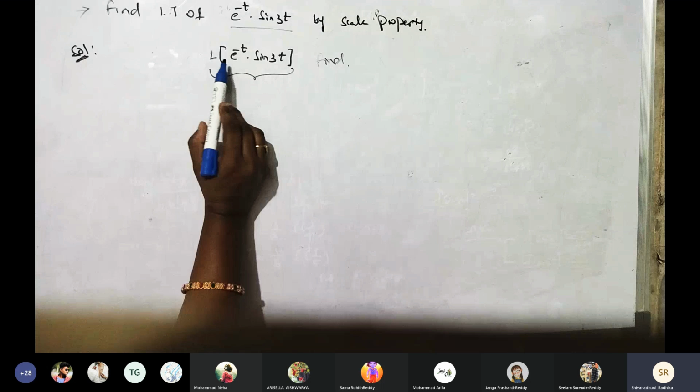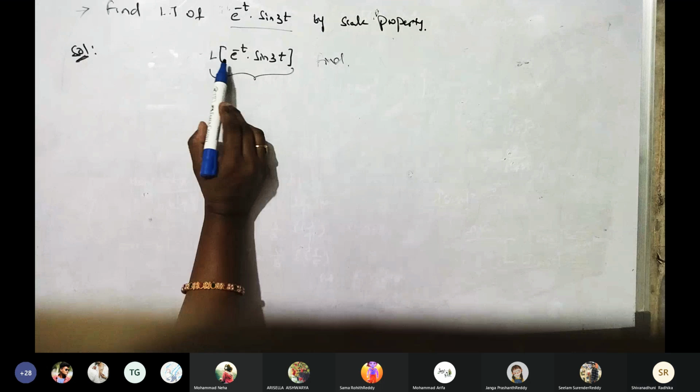But we have not multiplied sin 3t. Assume f of t equals sin t. Here, L of f of t equals L of sin t. What is L of sin t? 1 by s square plus a square.